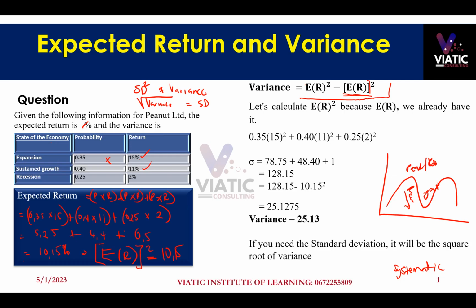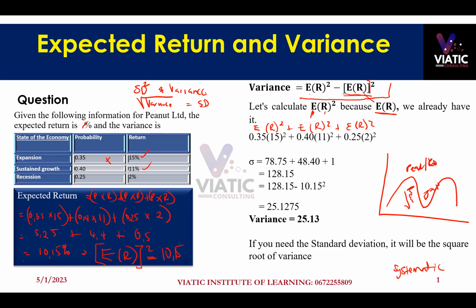So we're saying let's calculate probability multiplied by return squared, because expected return, which is this one, we already have it. So we take this part, then we are saying E multiplied by R squared plus E multiplied by R squared plus E multiplied by R squared.